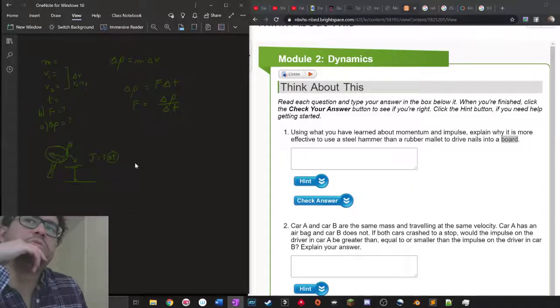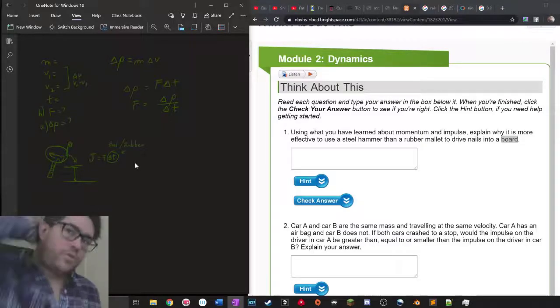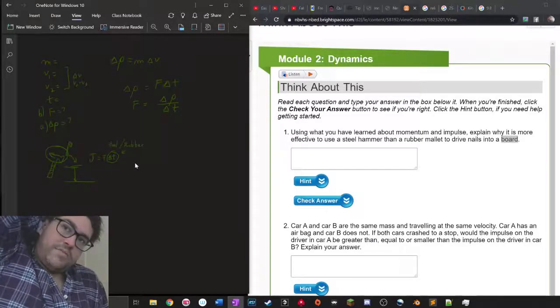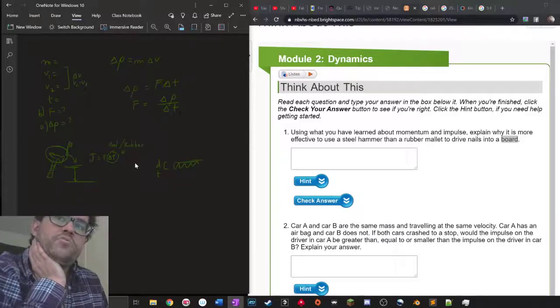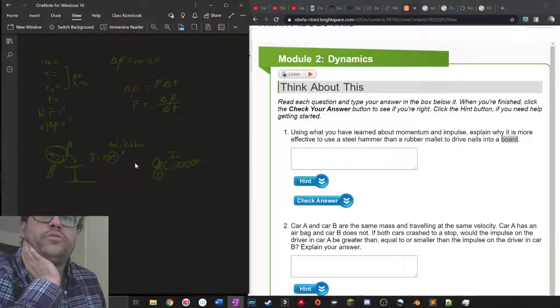This is the difference between steel and rubber. Right? Isn't that exactly the variable that we're looking at? Because again, the same idea is if you go through fluff, you go through a certain distance, which also takes a certain time. Interesting how these two are constantly linked in the concept of impulse.